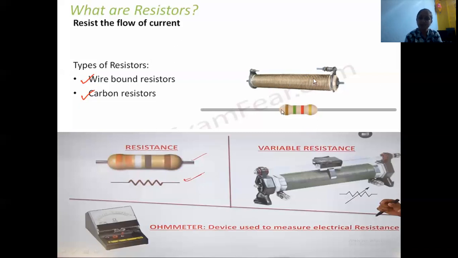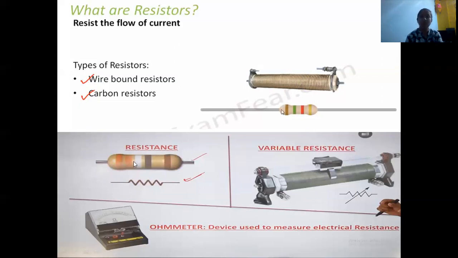Many wires are turned on this metal, and this works as one type of resistor to resist the flow of current. So these are the two types of resistors.